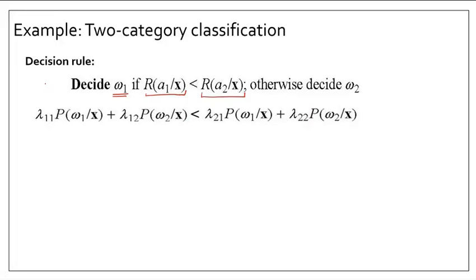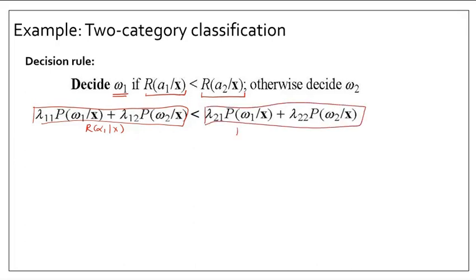So from equations 1 and 2, I write like this. This is nothing but the risk of alpha 1 given x, and this other part, the right hand side part, is the risk of alpha 2 given x.